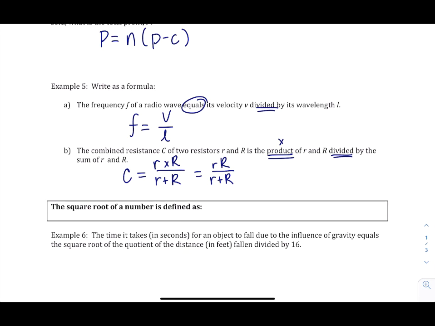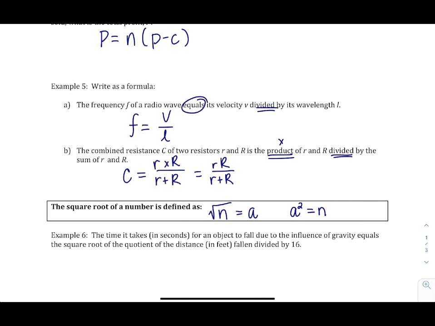We also want to sometimes include a square root. And so when you see the square root, the symbol will be like that, and it's going to equal some value. The value, a squared, gets you back to the value n that was under the square root. So that's the relationship here.